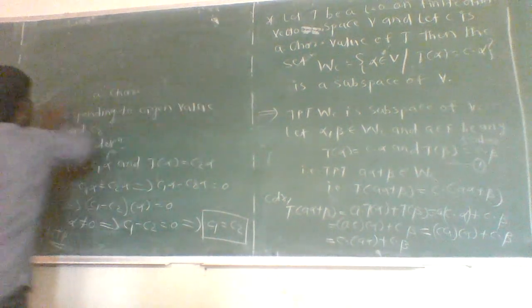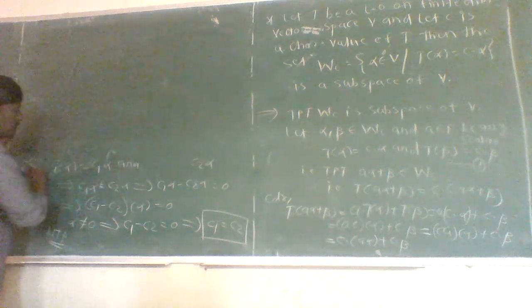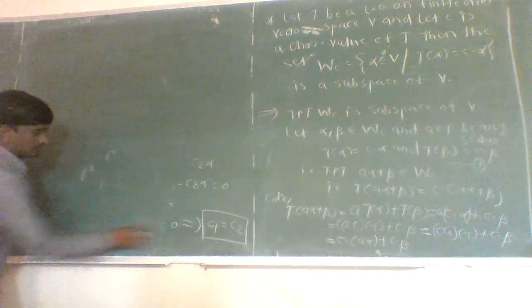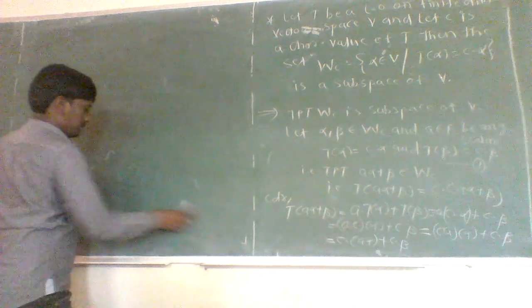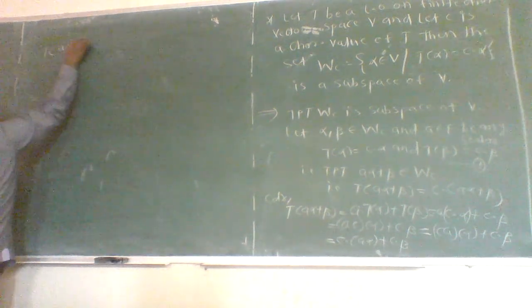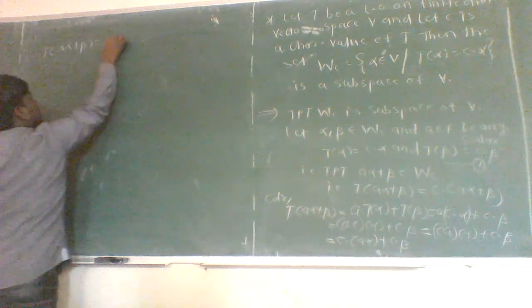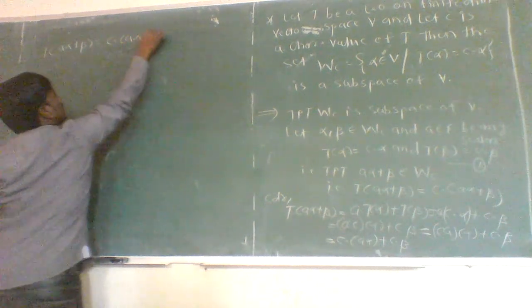Now take C common, we get T of A alpha plus beta is equal to C into A alpha plus beta.